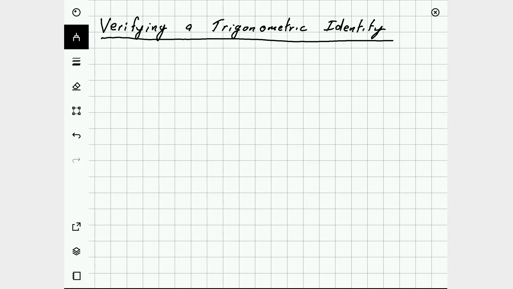Verifying a trigonometric identity. Recall that an identity is an equation which is always true.